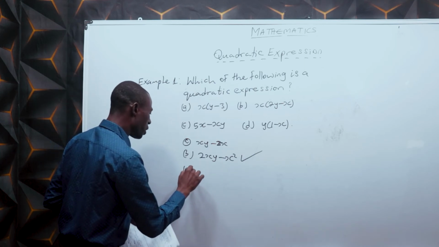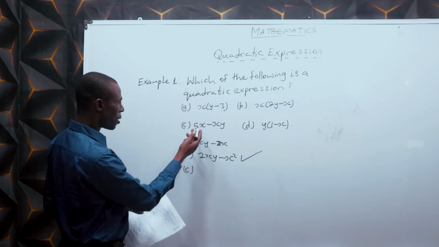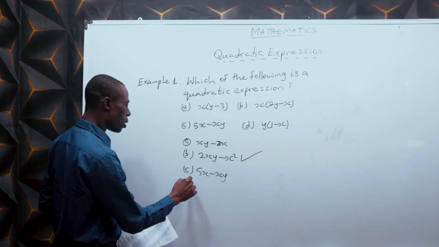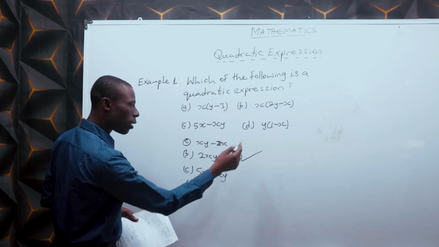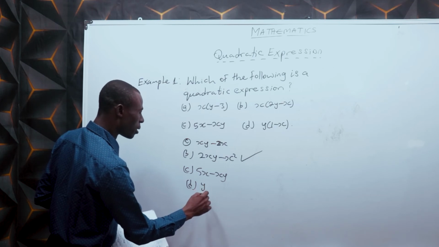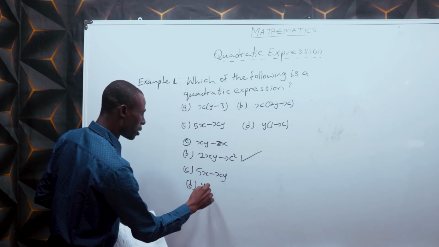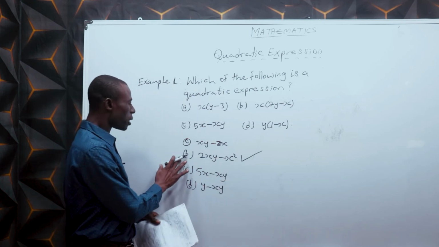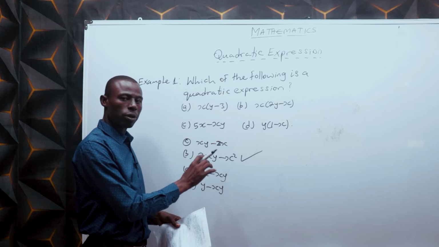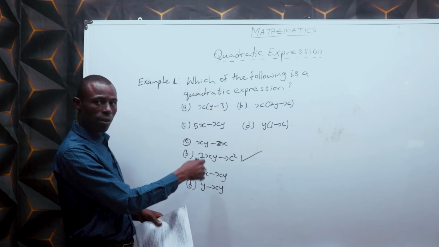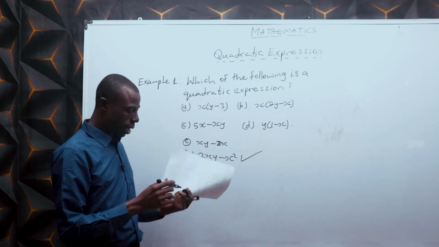Let's see option C, why it is not correct. You can see it is 5x minus xy, no power 2. Also see option D, opening the bracket, you have y times 1 is y, times minus x is minus xy, no power 2. So it is only option B that contains power 2, which makes it quadratic. And they are all expressions for the fact that they do not have equal sign.